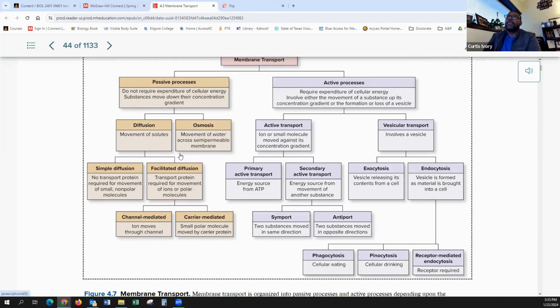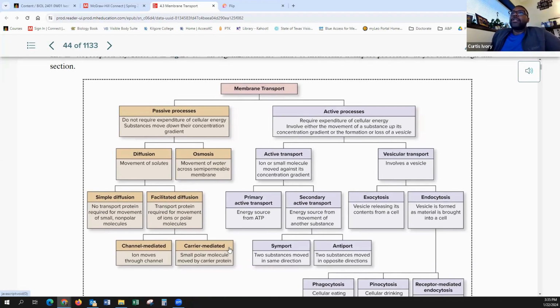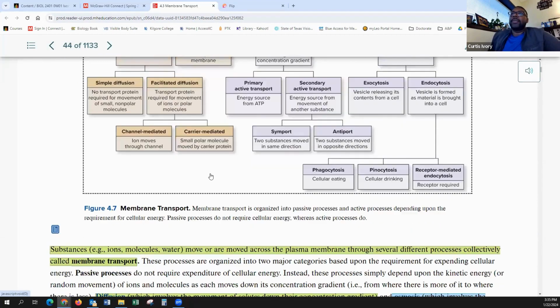There was some type of protein or transport protein that had to be utilized in order to make things move. And then you can get into channel mediated and carrier mediated. So channel, basically what we saw earlier in the plasma membrane, where you have that channel going through from the outside to the inside, or you can have carrier mediated, which we saw on the last page up there as well.